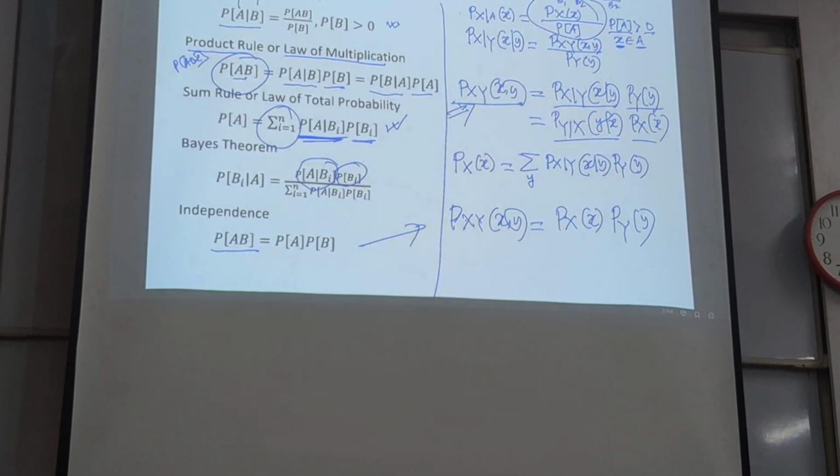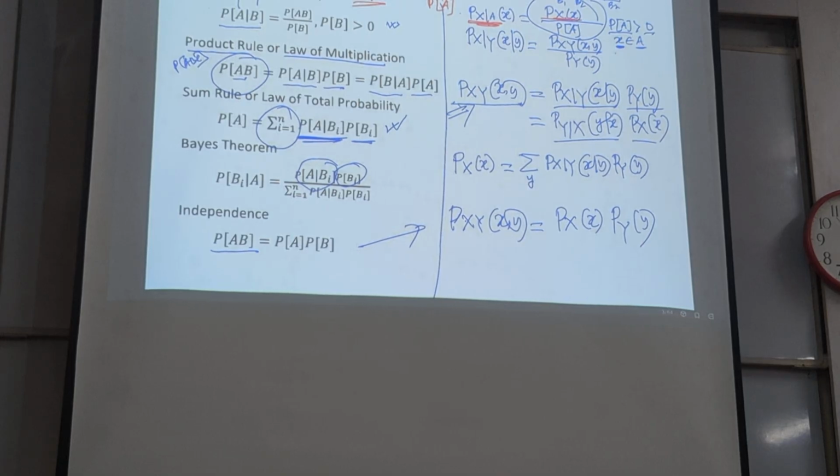The first one is the PDF of X given A, particularly X will be the PDF of X divided by the probability of that. Here the PMF will be replaced by PDF. This PMF will be replaced by PDF of X.